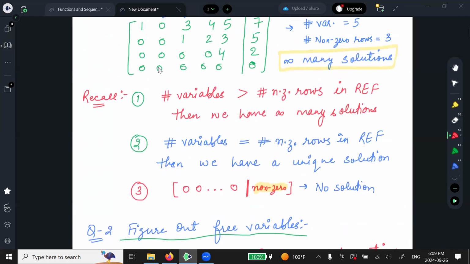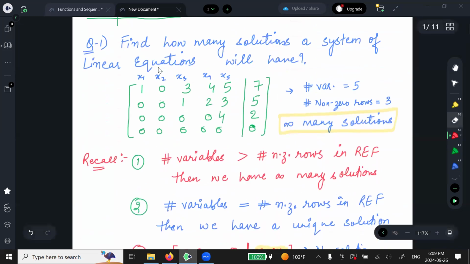So let's go back to this one for an example. Okay, I want to go staircase, so I begin from top left. Second one doesn't have it, right? So my x2 doesn't get one. The next pivot happens at x3. Then 4 doesn't have one. The next pivot happens at x5.